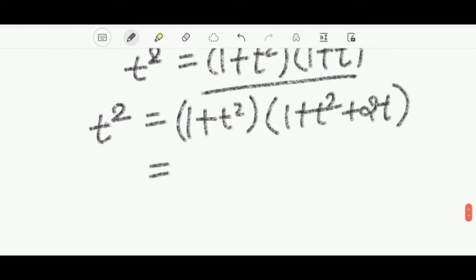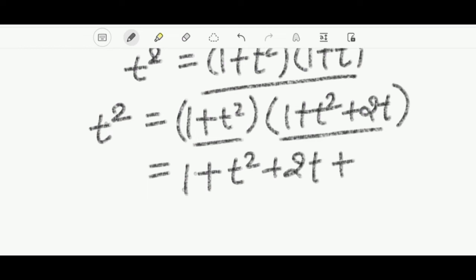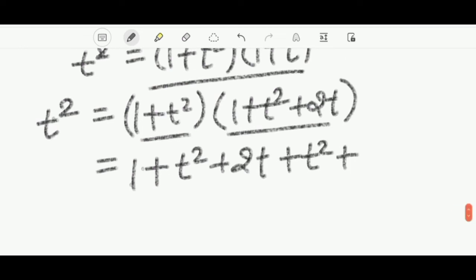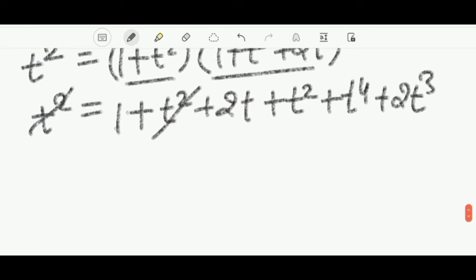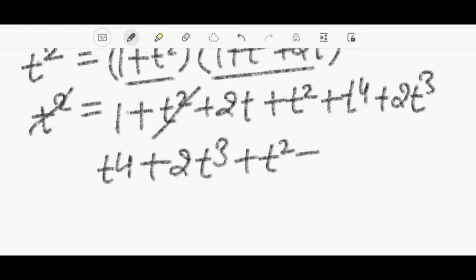After multiplying these two factors, we'll obtain 1 plus t square plus 2t plus t square plus t raised to the power 4 plus 2t cube, and t square on the left hand side. We can simply cancel out these two terms and we'll obtain t raised to the power 4 plus 2t cube plus t square plus 2t plus 1 equals 0.